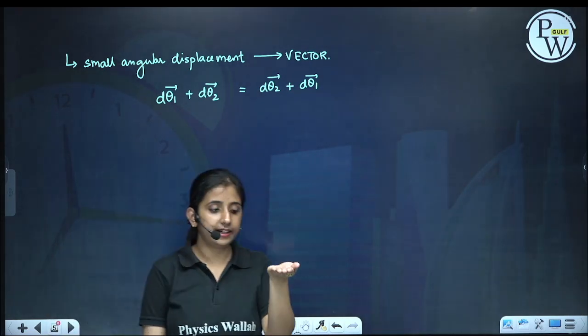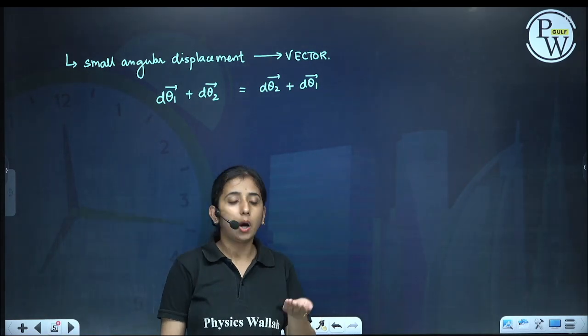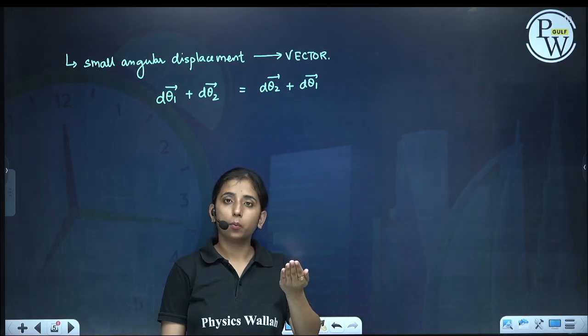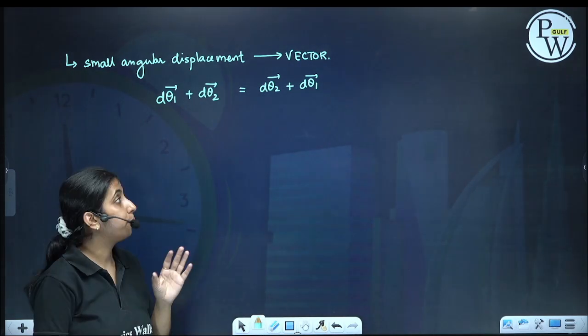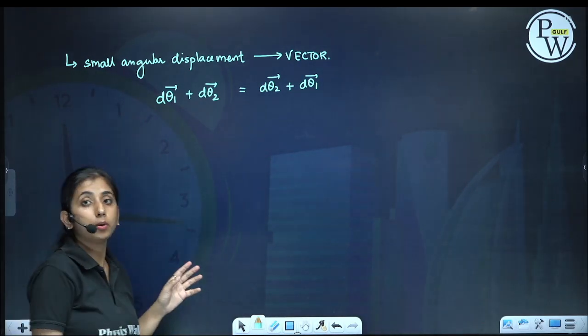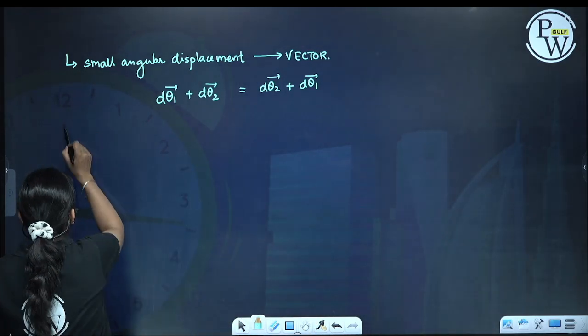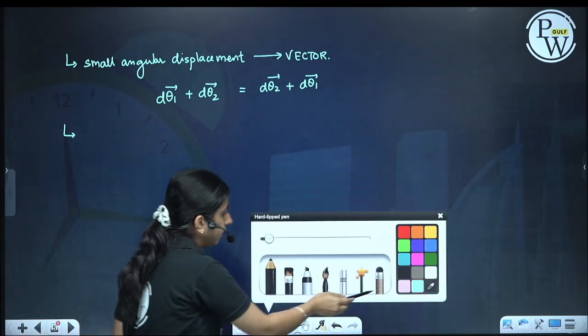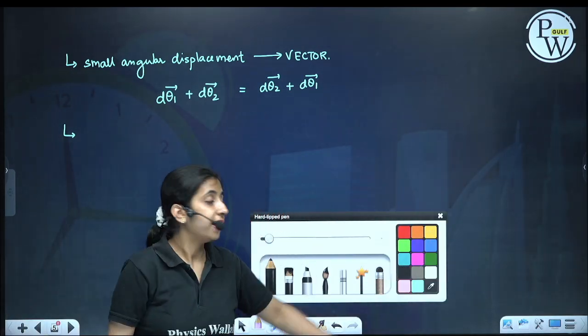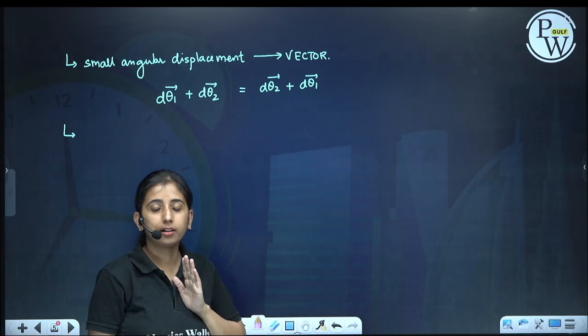Do d theta 1, d theta 2. Now do d theta 2, d theta 1. You will be in the same position. It obeys commutation in vector addition. So that's why it is a vector quantity.